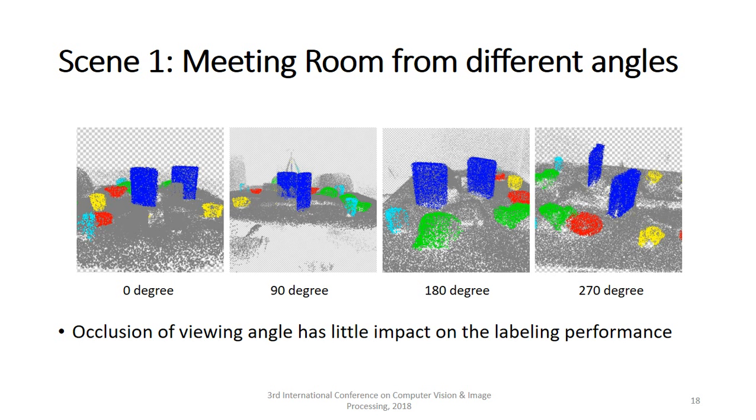So if we show you a particular scene, suppose scene 1, a meeting room scene, from different angles, you can see the two yellow coffee mugs are in the same line, but what you can notice here is that occlusion or viewing angle has very little to no impact on our labeling performance.